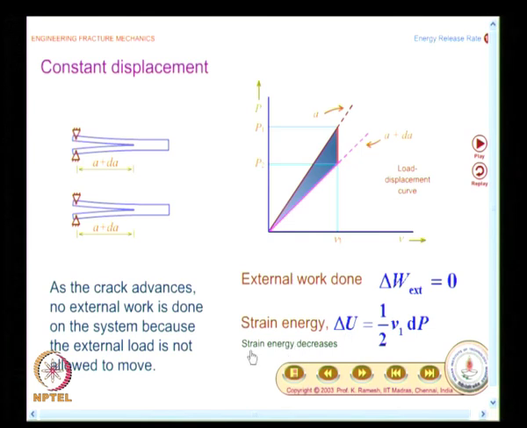And you have to make a note that strain energy decreases, and the change in strain energy is nothing but half of V1 into dP. See, in the first case where we saw constant load, there was a change in the displacement.